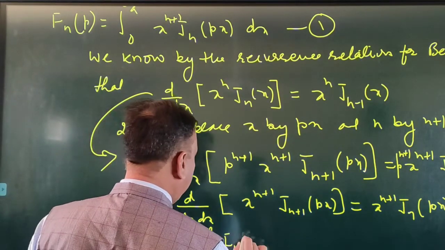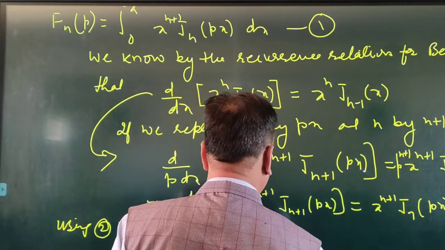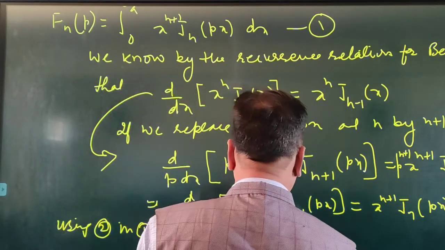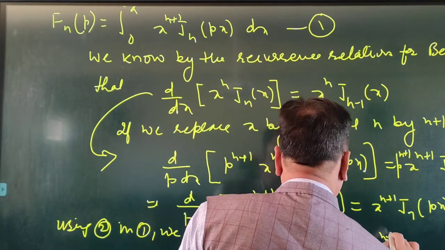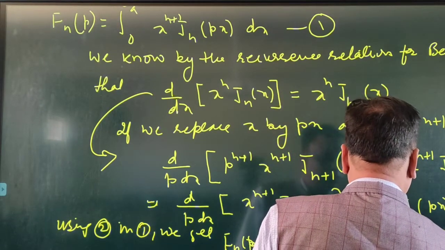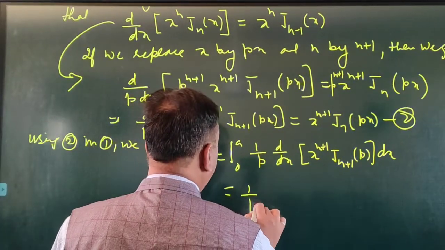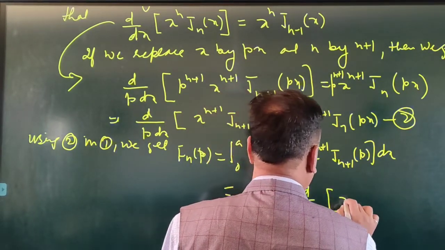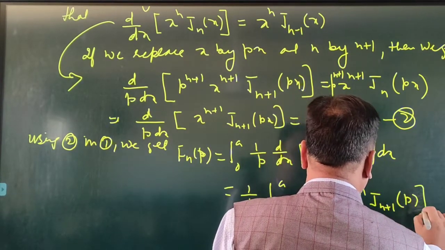So using second in first, we get f_n(p) equal to the integral from 0 to a of 1 upon p, d by dx of x raised to n plus 1 J_(n plus 1)(px) dx, which is equal to 1 upon p times the integral from 0 to a of d by dx of x raised to n plus 1 J_(n plus 1)(px) dx.